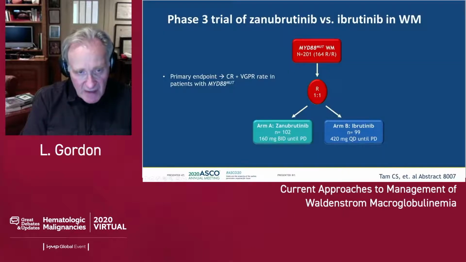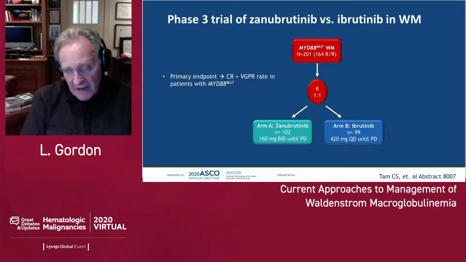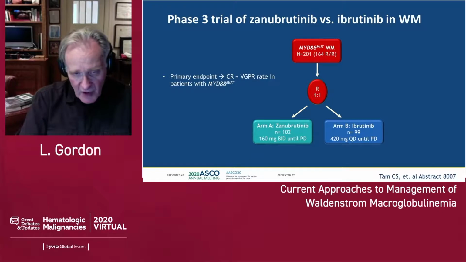And basically, zanubrutinib is a second or maybe third generation now BTK inhibitor that has less off-target effects and leading, we think, to perhaps, at least the thought is, less secondary side effects, less hypertension perhaps, less atrial fibrillation, less bleeding. And that really was the question. Is this a better approach in patients with previously treated Waldenström Macroglobulinemia?